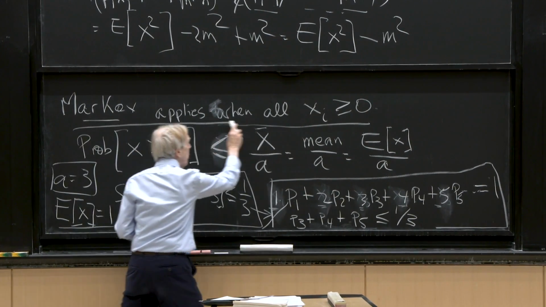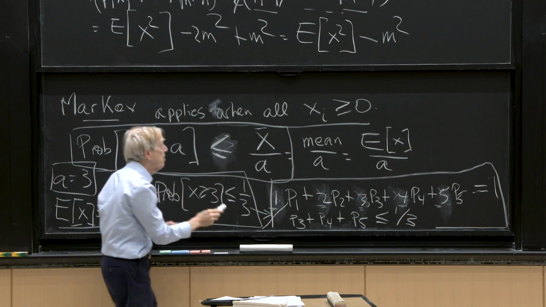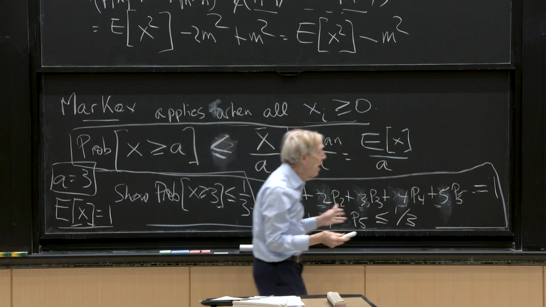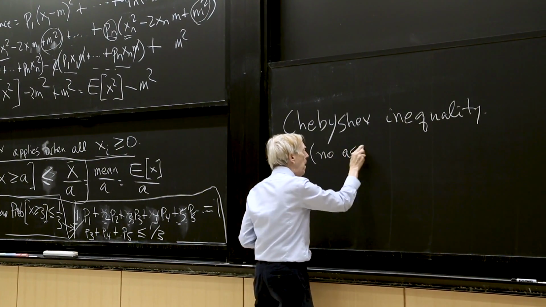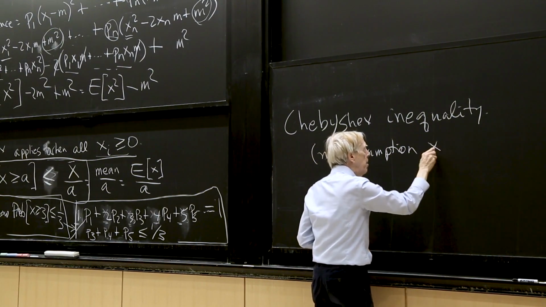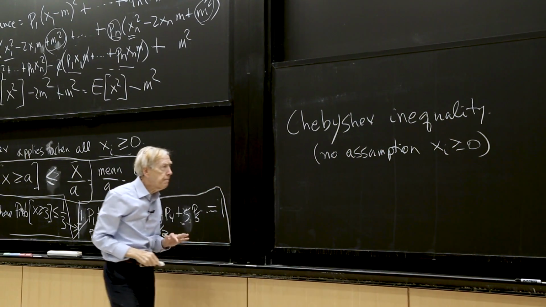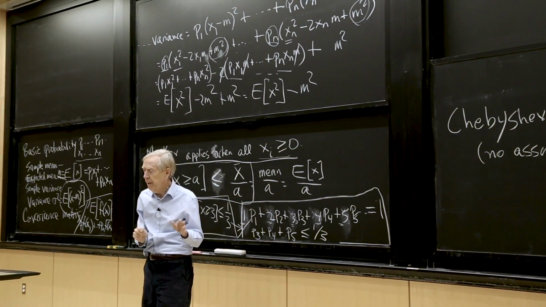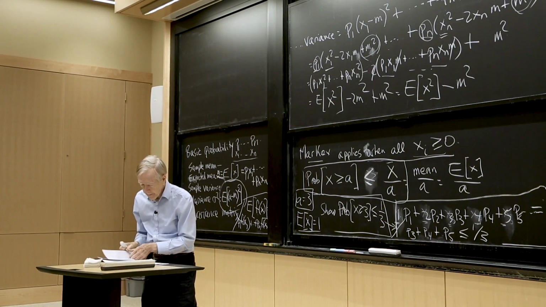Here was Markov's inequality, and Markov's assumption. Chebyshev doesn't make that assumption. So now there's no assumption that the outputs are greater or equal 0. Doesn't come in. Okay, now what is Chebyshev trying to estimate? Okay, let's move to Chebyshev, and that's the last guy.